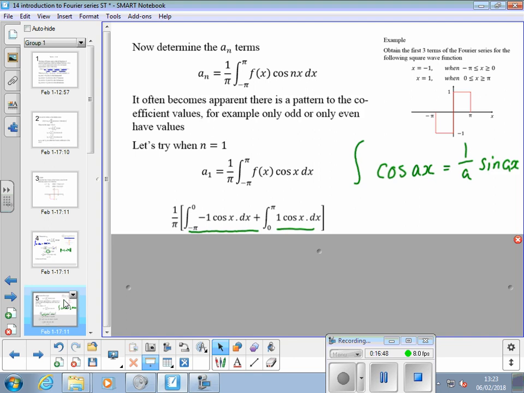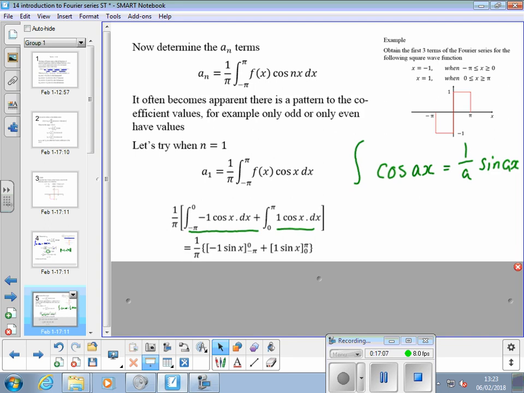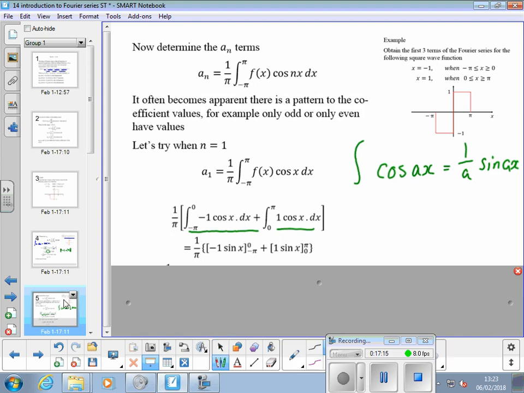So what's the constant in front of x inside these cosines? 1. Yeah? So that's whatever a is in this particular one; a is 1 in this example. So when we integrate that, that's what we get. The 1 comes down, so we stay with minus 1 in front here of sine x.